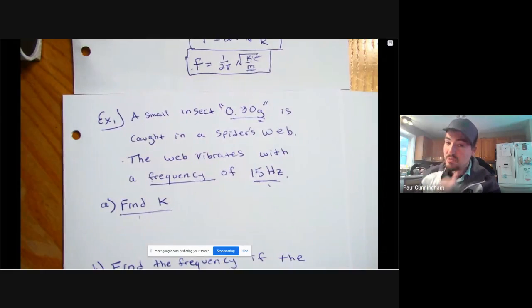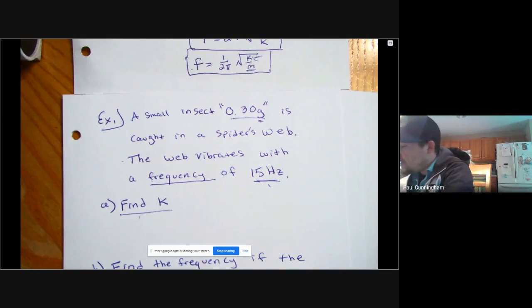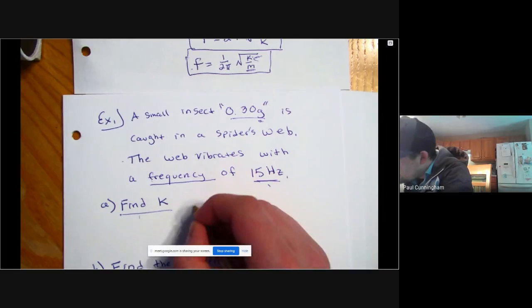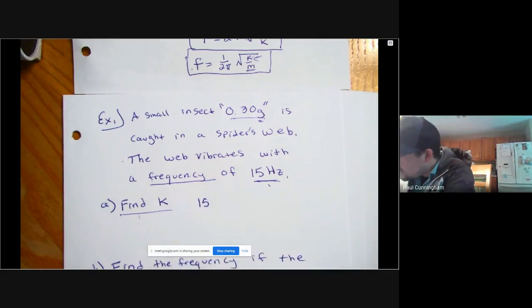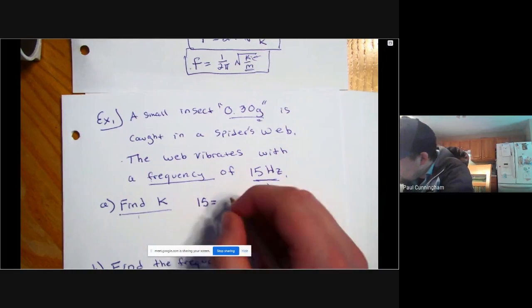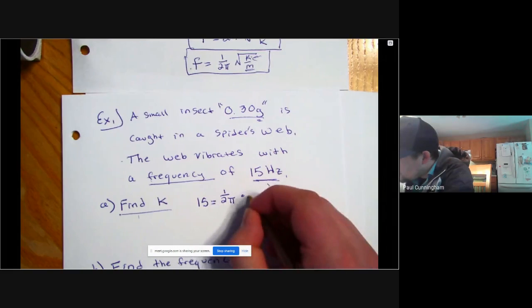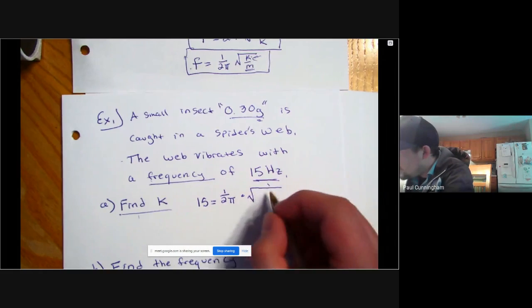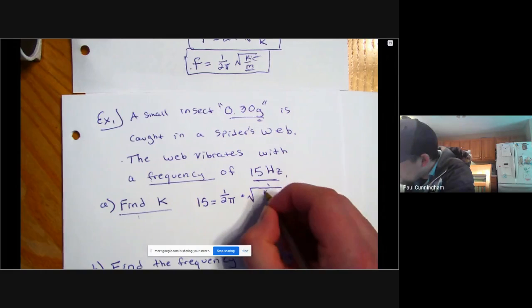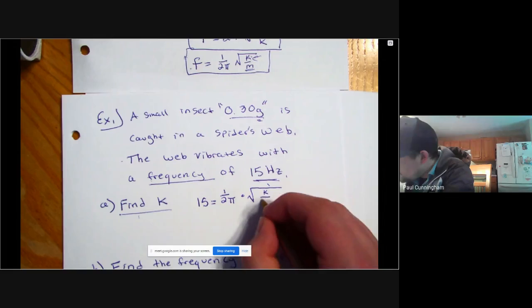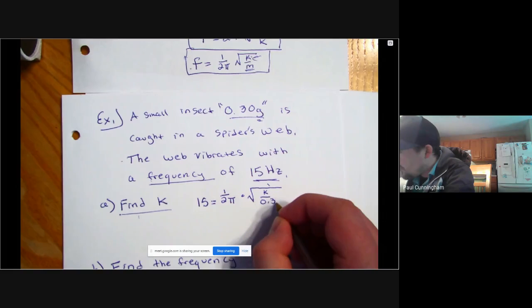Notice that we're dealing with very small numbers here, so I wouldn't expect to have a big K. But let's try it. So first of all, frequency 15 equals 1 over 2 pi times the square root of our K, which is what we're trying to solve for, over our M, which is 0.3 grams.